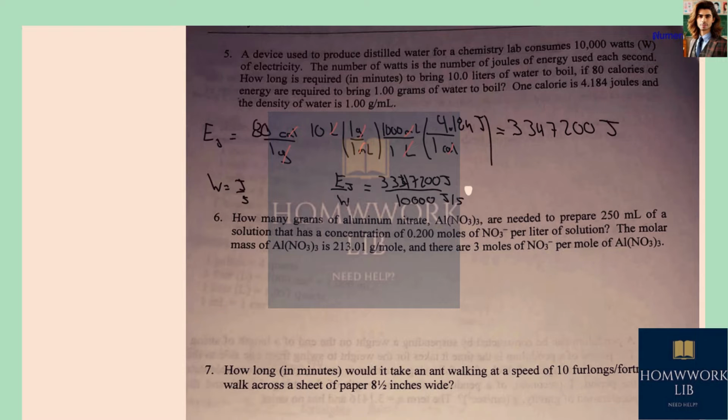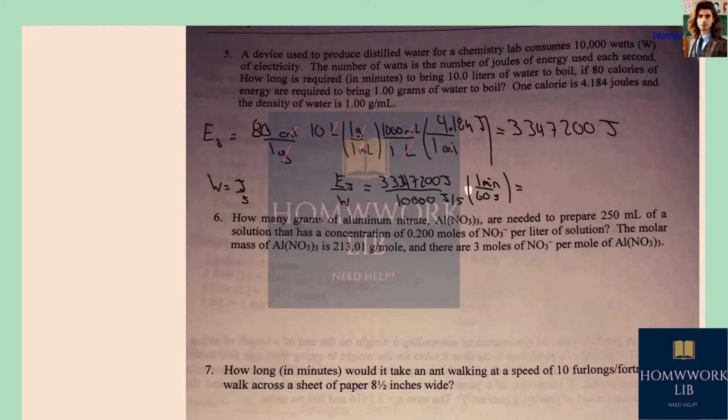Additionally, we want to get the result, in this case, in minutes. So we need to convert the seconds, that would be 60 seconds corresponds to 1 minute. Remember that joule over second in the denominator is the same as having seconds in the numerator, so this conversion factor is going to work out as well.